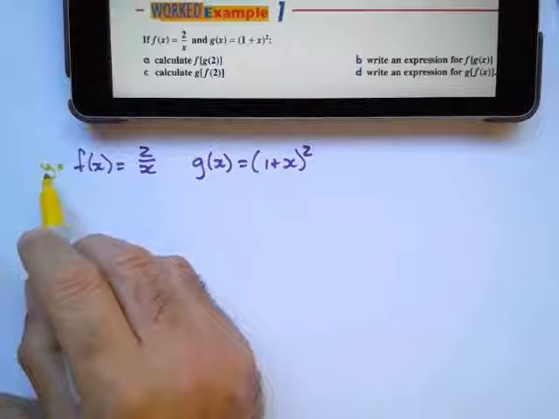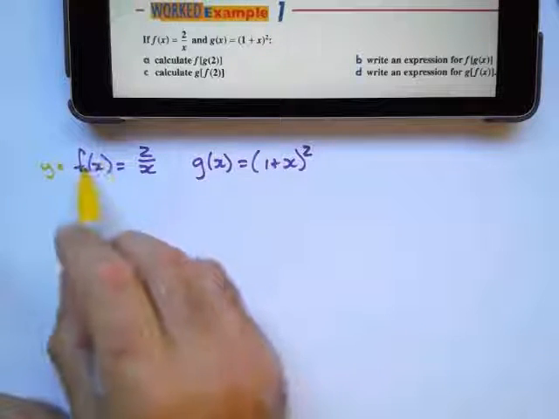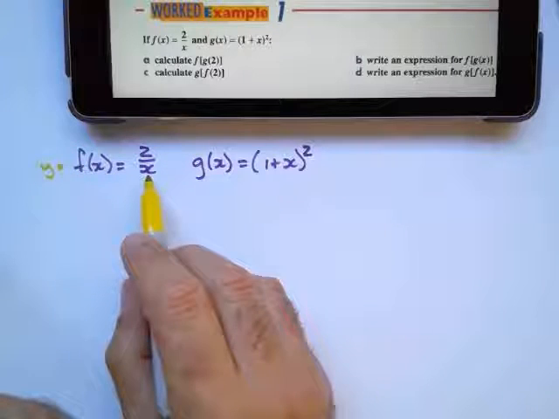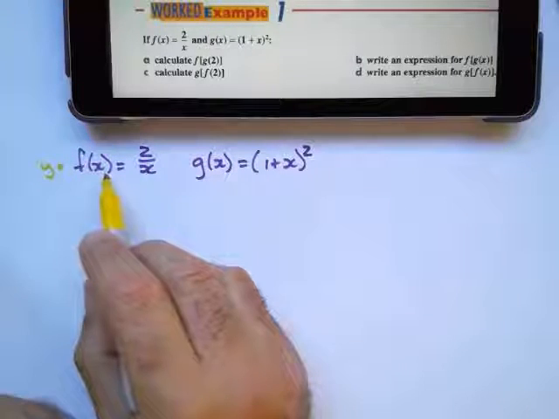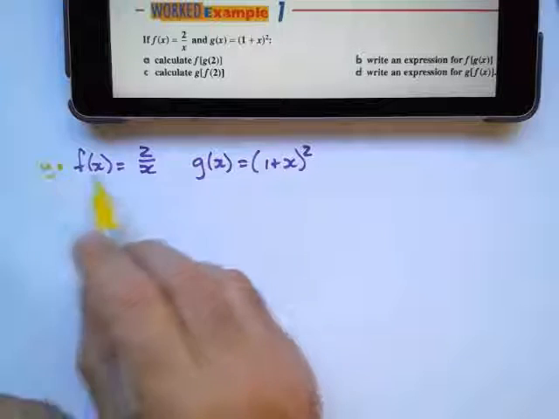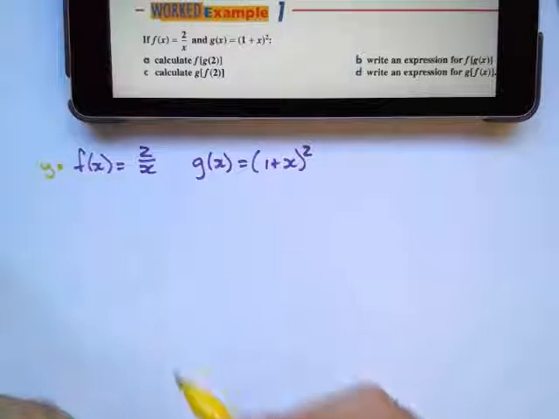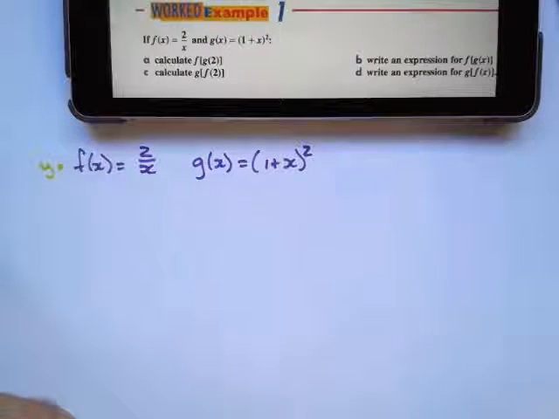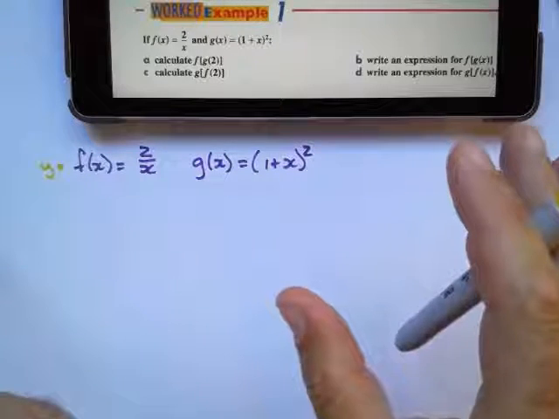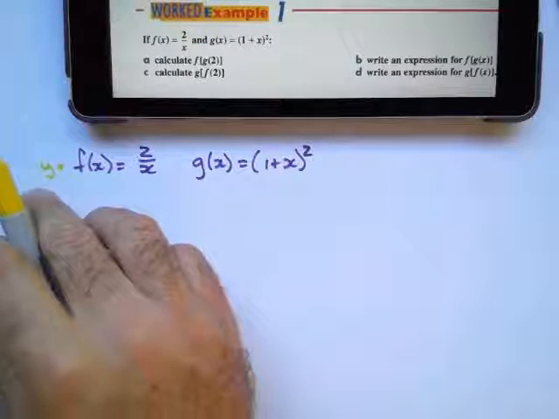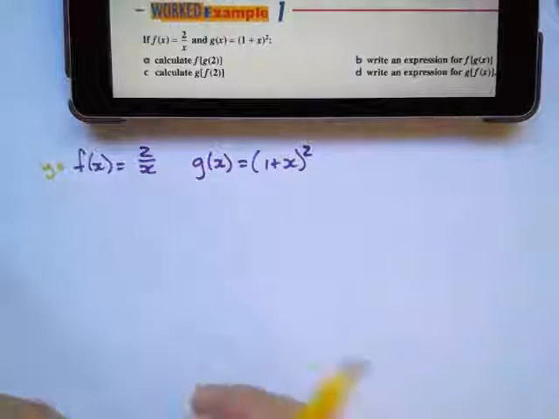So it means that y depends on what function I do with x. So y is the dependent variable, and x is the independent variable. It means we can put in a value for that, do some function or some problem with that, and that will give me the value of y.